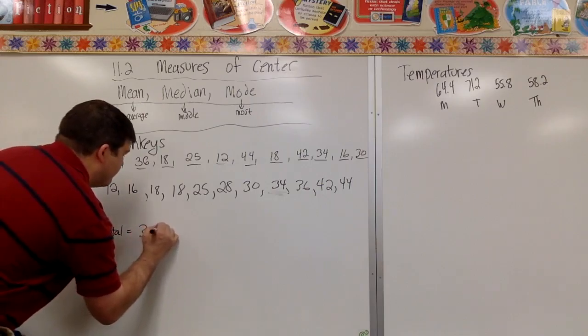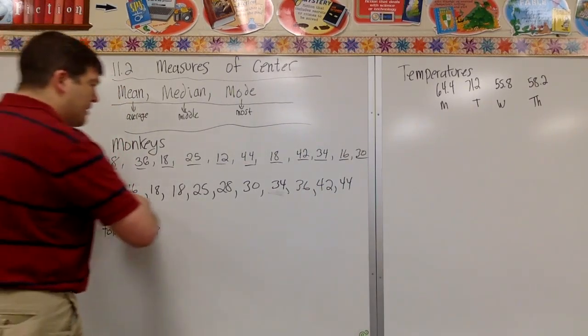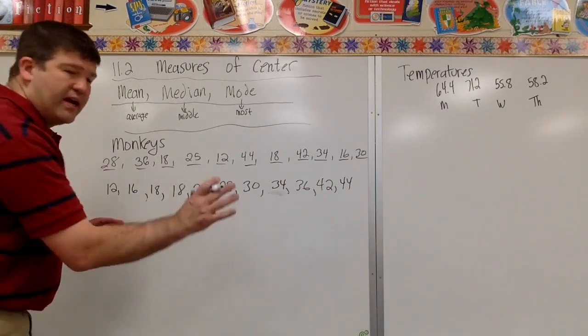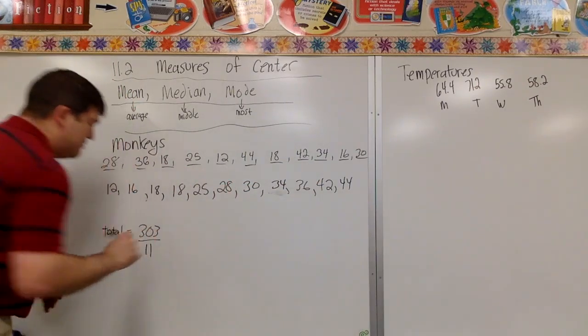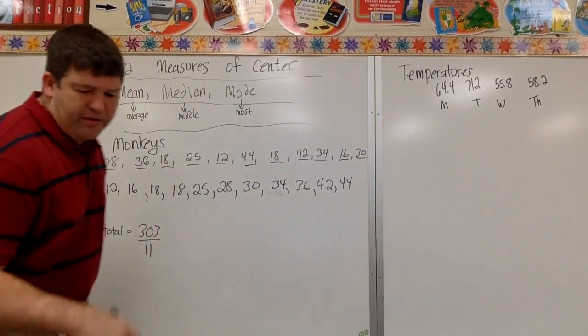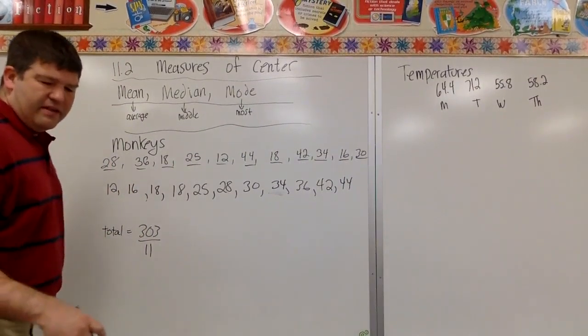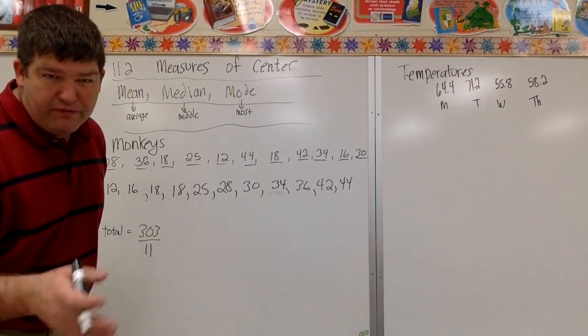equals 303. Okay, 303. Now I divide it by the number of zoos that I have. So I have 11 zoos. So I do it divided by 11 equals, I'm going to round it up to the nearest whole monkey. It's 27.5454545.